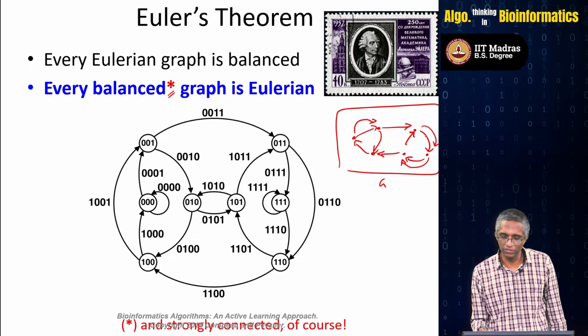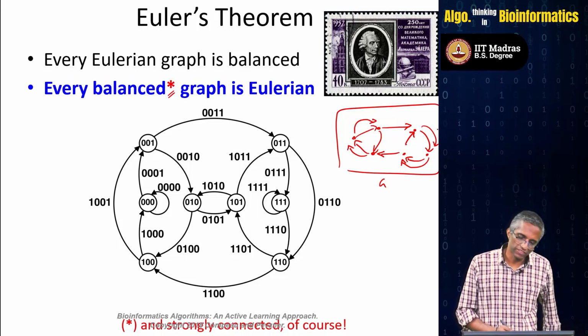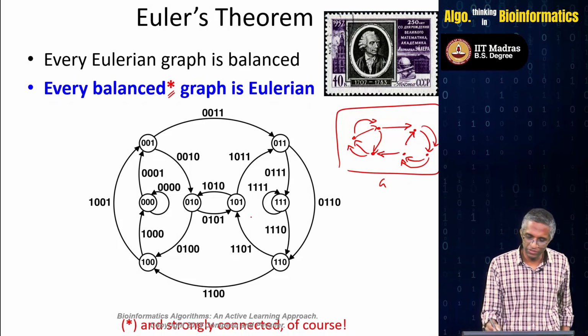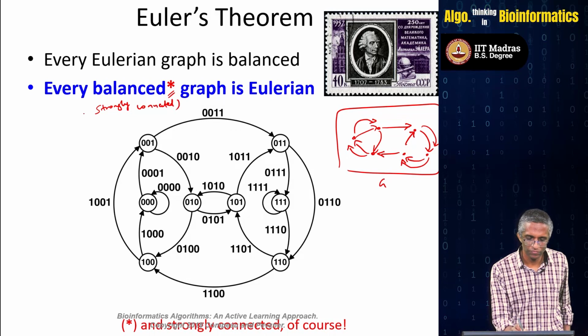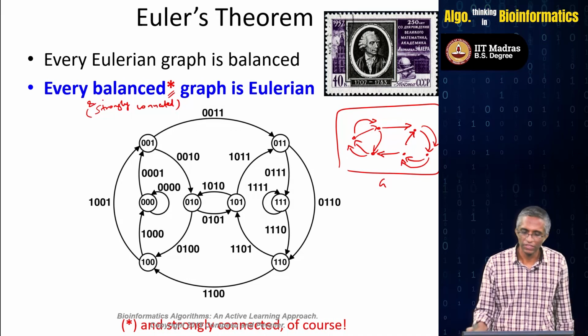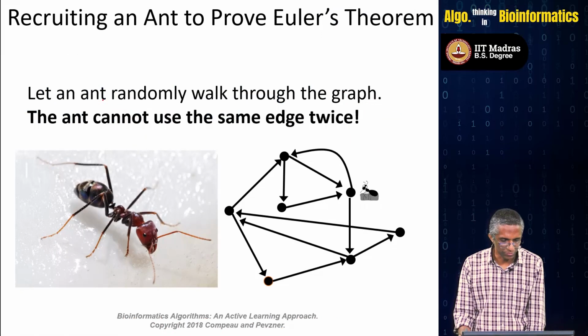Then this will become balanced. Everything else is 1 2 1 2 1 2. Yeah, this is balanced. So you need to be strongly connected. So every balanced and strongly connected graph is Eulerian. Okay, so that is what he was able to show.